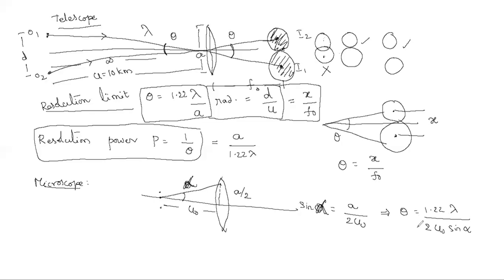And keep in mind, if the object is taken in some liquid, suppose water, then lambda becomes lambda by mu. Then theta equals 1.22 lambda by mu into 2 UO sine alpha.